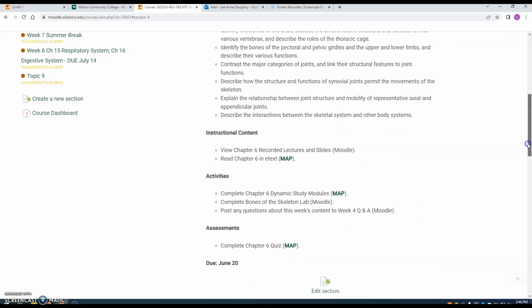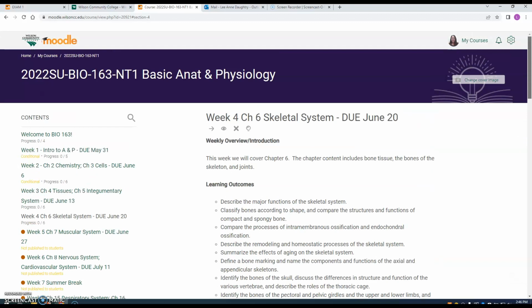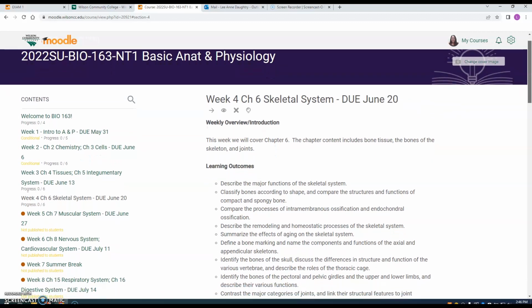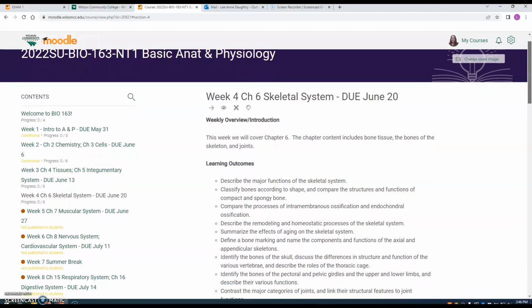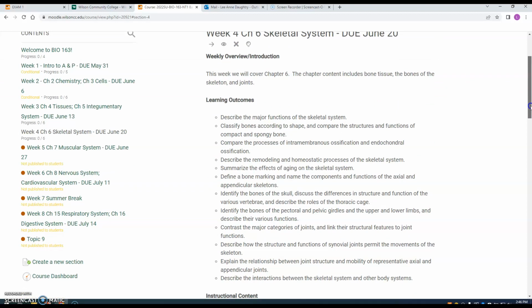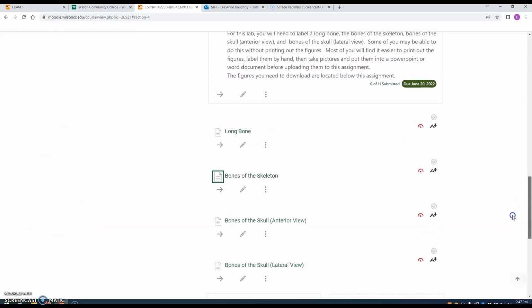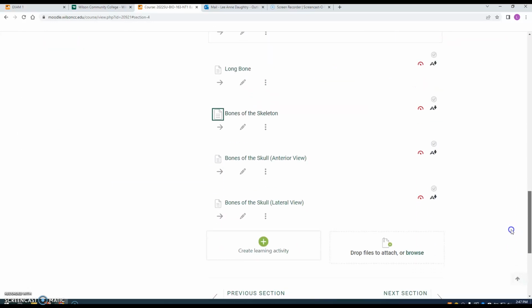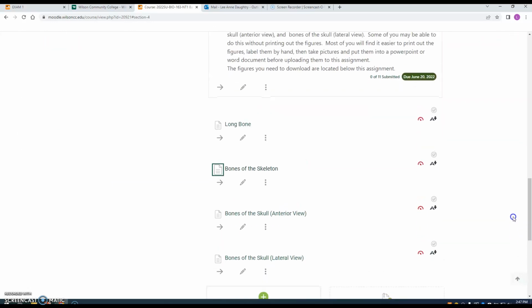So the only other thing is that you need to be preparing. You have a lab practical that it actually says on the syllabus that it is due on the 23rd, which is going to be Thursday of next week. And as of right now, I'm going to keep with that because basically that lab practical is going to mostly consist of the bones and the body regions.